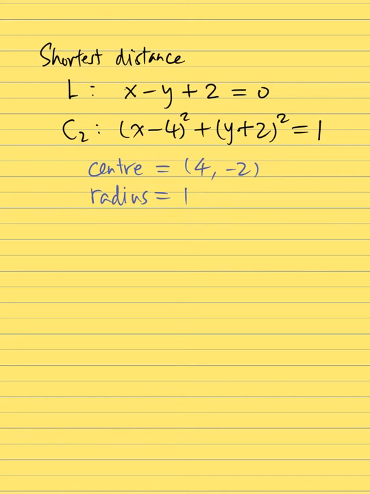To work out the shortest distance, let's look at the diagram. The x-axis, the origin, and then the line L, with slope 1, and the y-intercept is 2.